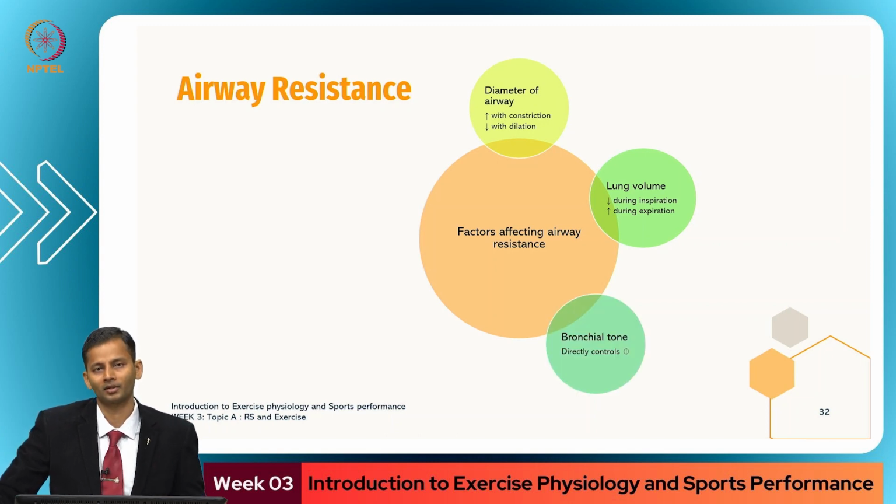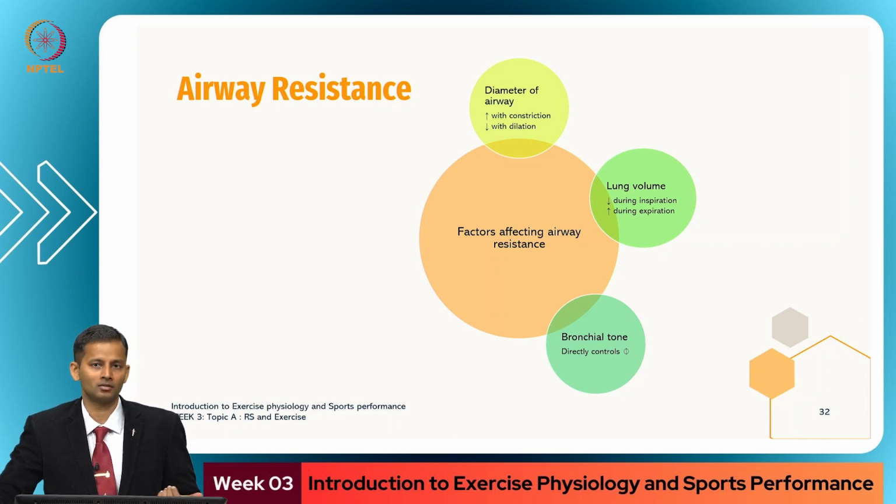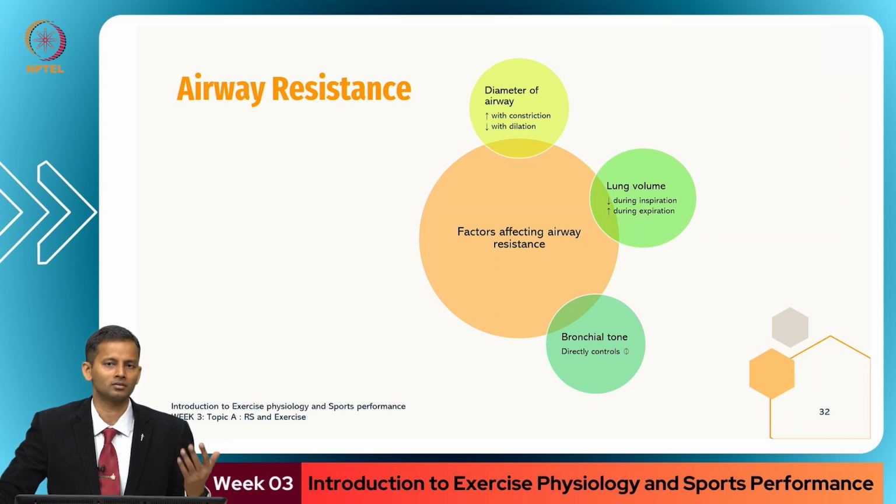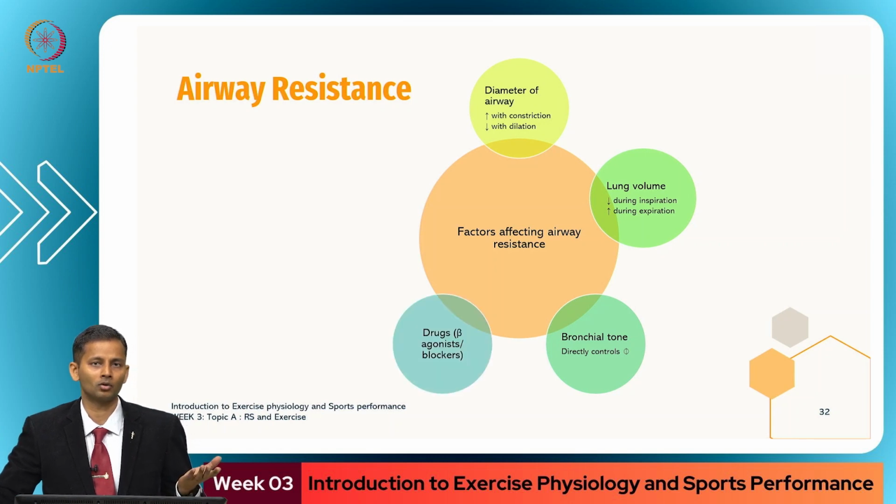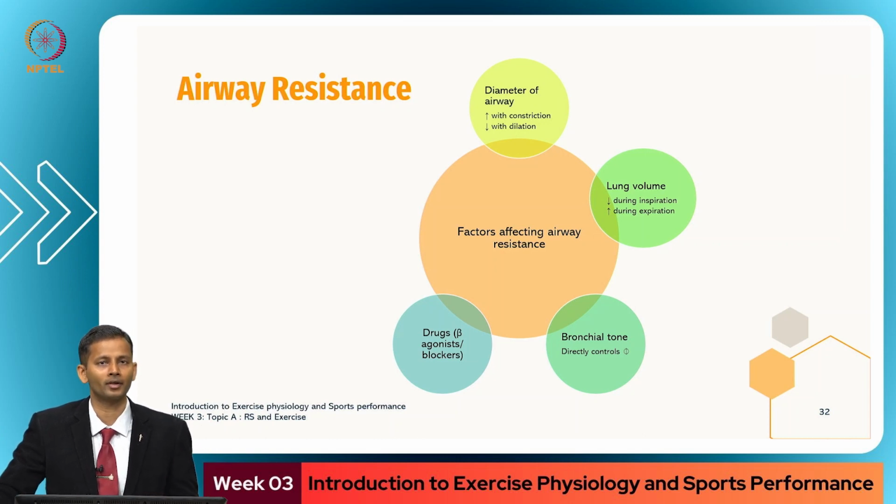And another important aspect is the lung volume. Lung volume decreases the resistance during inspiration and increases it during expiration. Because of the elastic nature, there is increase in the resistance whenever there is a requirement and more demand. So then you have the accessory muscles supplementing or complementing the expiration. Bronchial tone can also be controlled directly by the nervous system, the sympathetic and the parasympathetic.